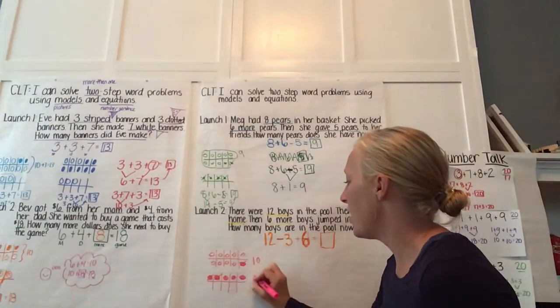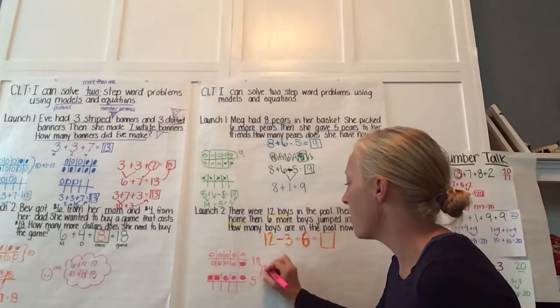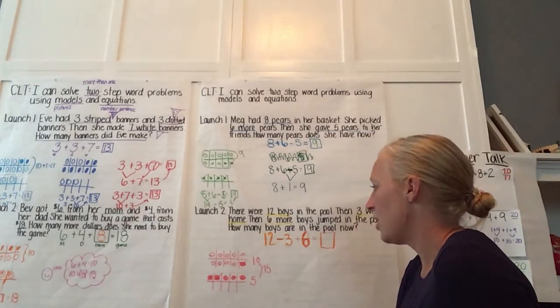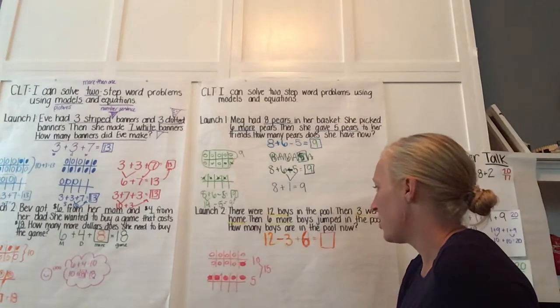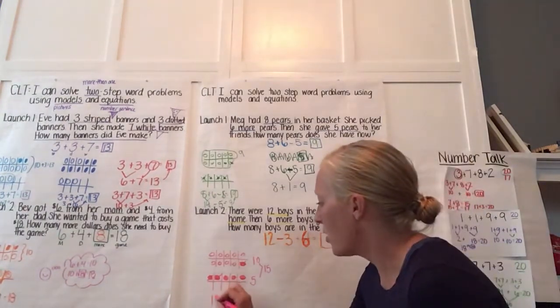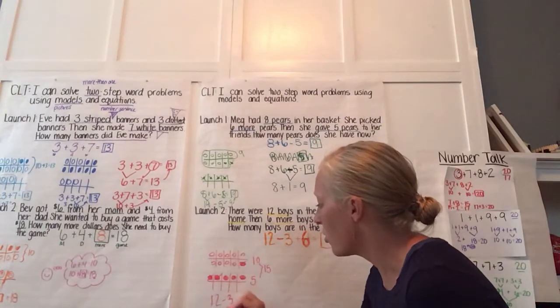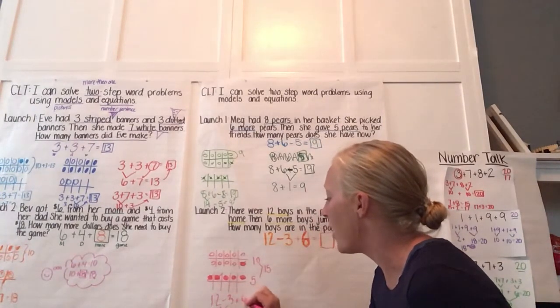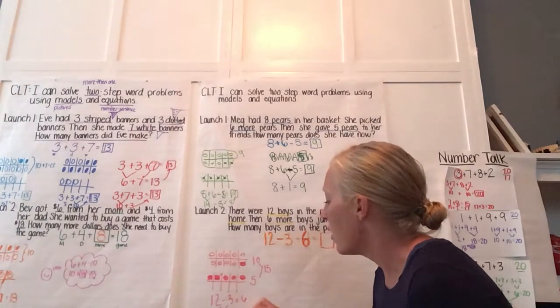You had 10 and 5 more. That got you to 15. Interesting. Very good work. So you had your 12. You took away 3, and that left you with 9. Okay, and then you added 6 more, and that got you to 15.